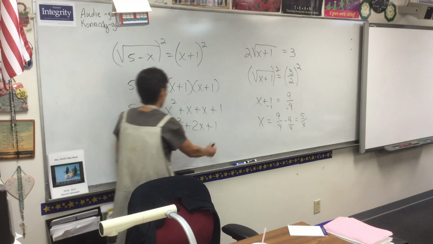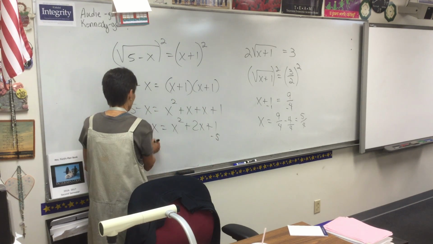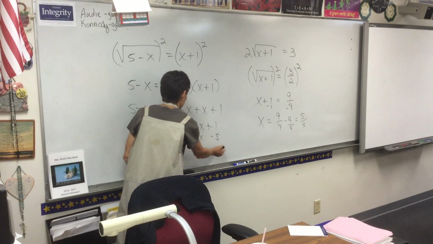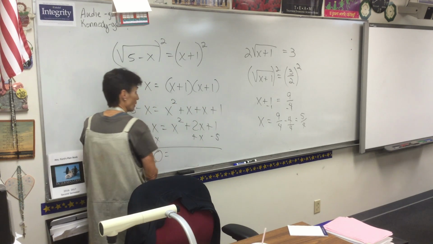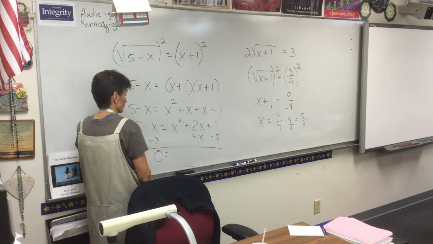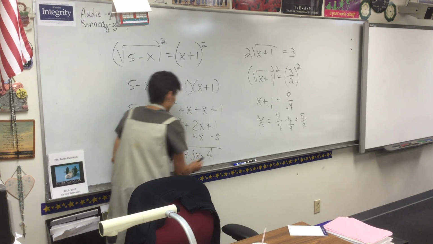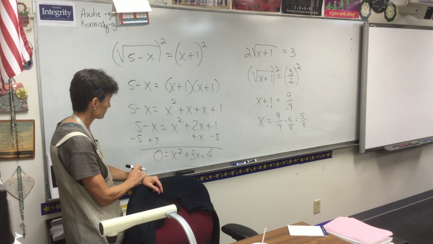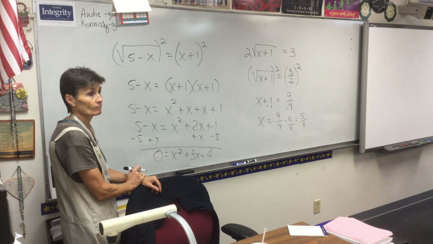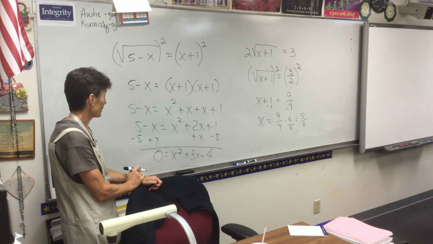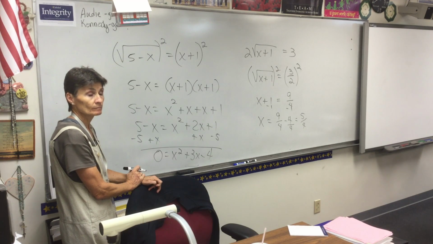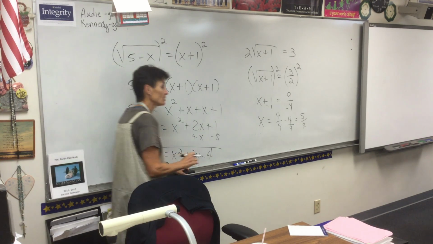So you're going to subtract 5 and add x, right? So we got our 0. X squared plus 3x minus 4? Yep. Now, what do you want to do with that?